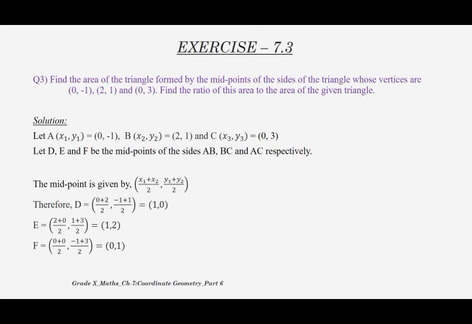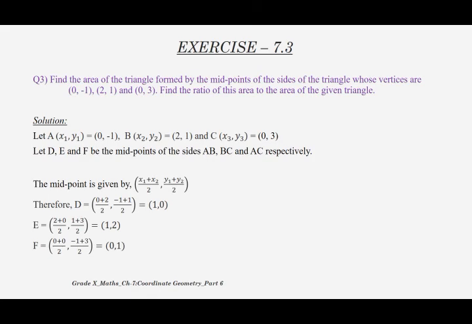So first let us name the vertices A, B and C and assume D, E and F be the midpoints of the sides AB, BC and AC respectively. To find the coordinates of these points, we'll use the midpoint formula.